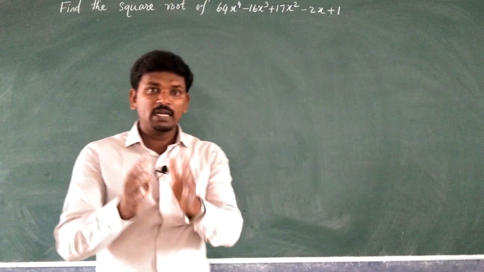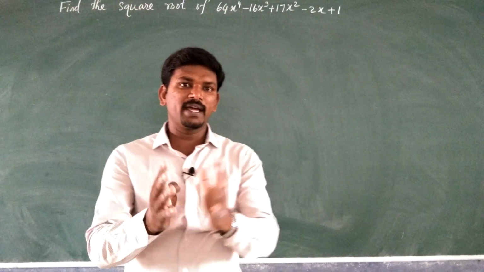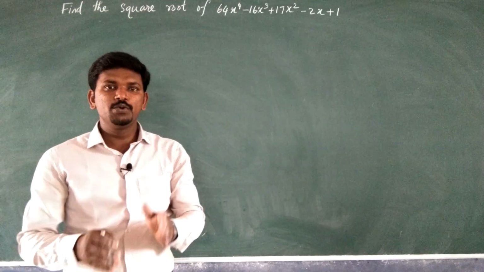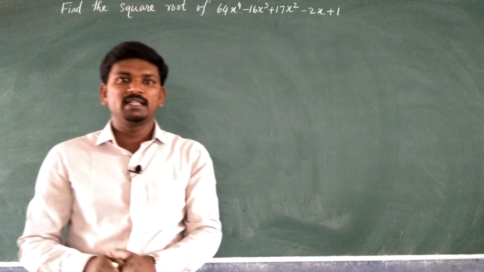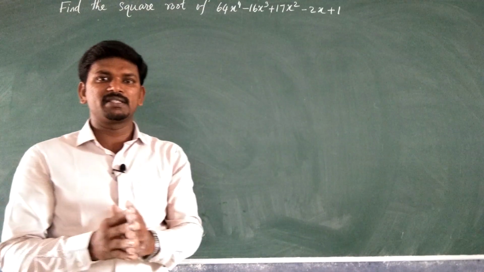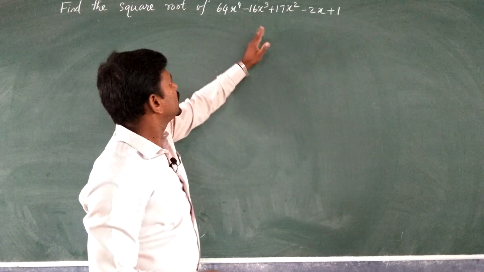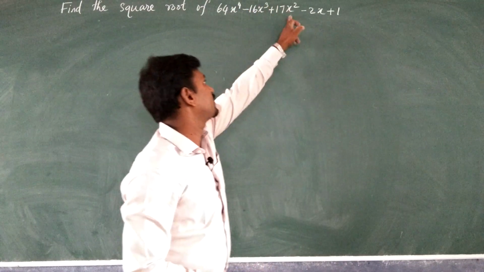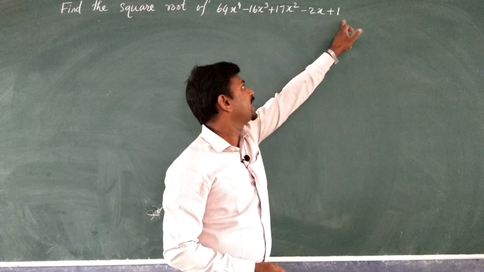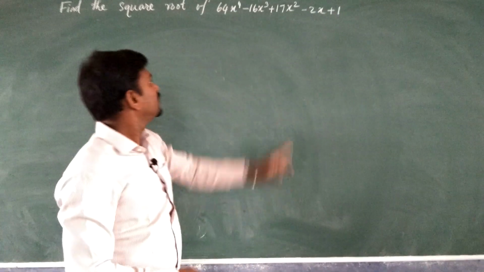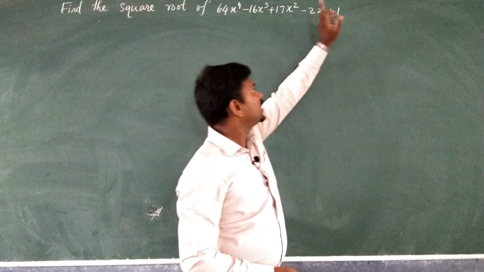Before proceeding to find the square root of a polynomial, you have to ensure that the degrees of the variables are in ascending order or in descending order. Here it is in descending order: x power 4, x power 3, x power 2, x power 1, x power 0 constant. 4, 3, 2, 1, 0.